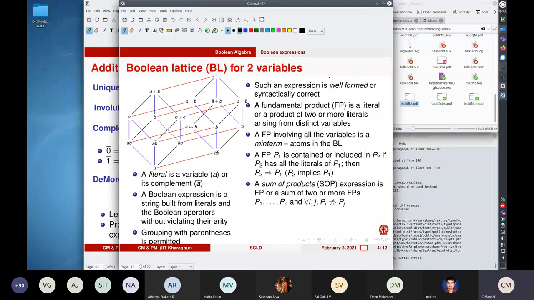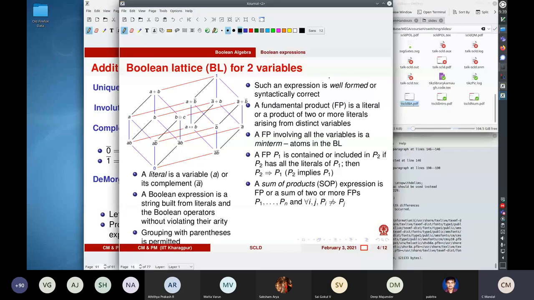So a sum of products, this is what you are probably already familiar with through the experiments that you have been doing. A sum of products expression is just a single fundamental product or a sum of two or more fundamental products.